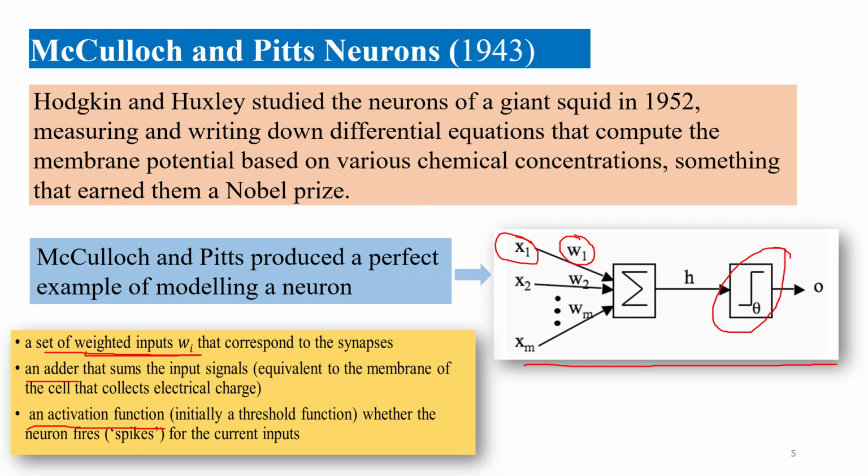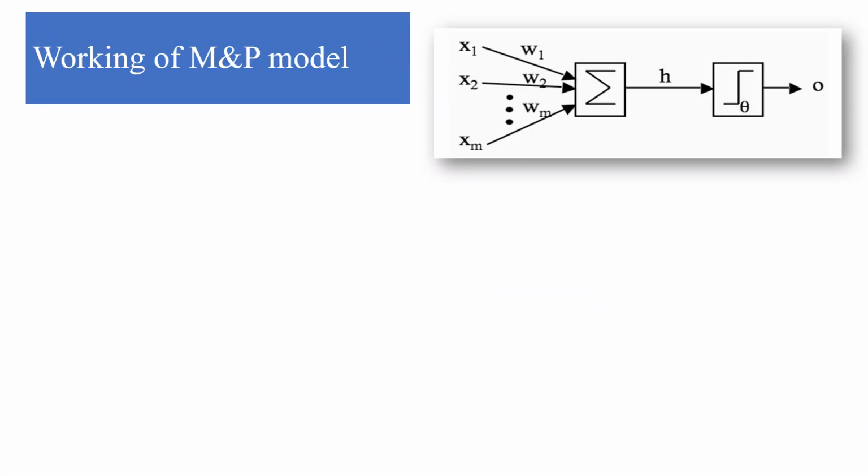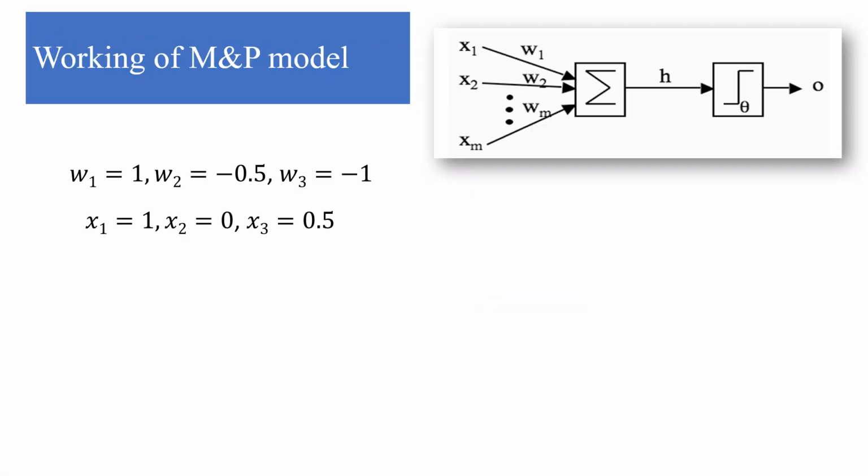And this generates the output O mentioned over here. So the x's are the inputs, and the w's are the weights. This adder generates the sum h, which is passed through an activation function, a threshold function, to generate the output O.